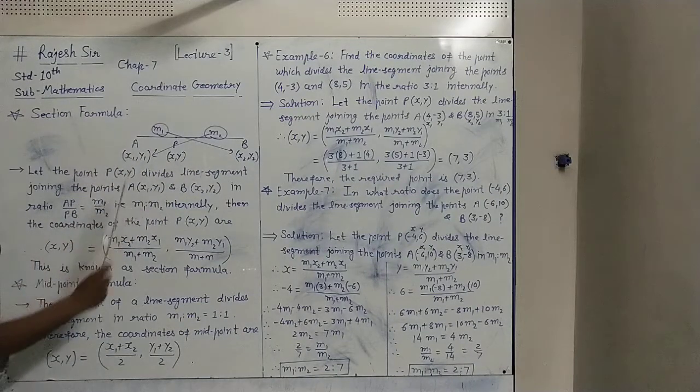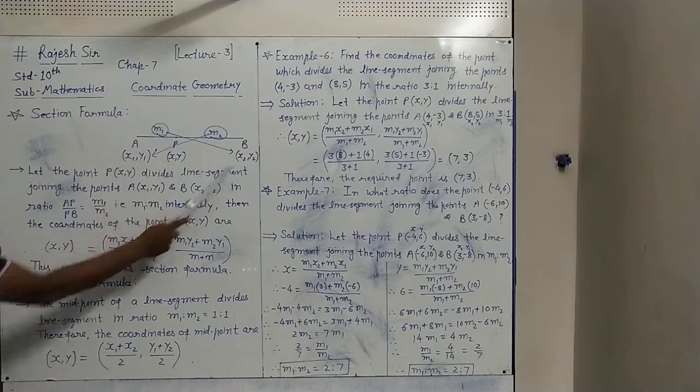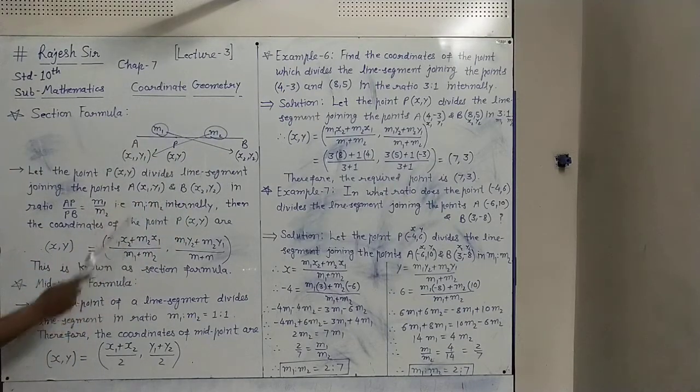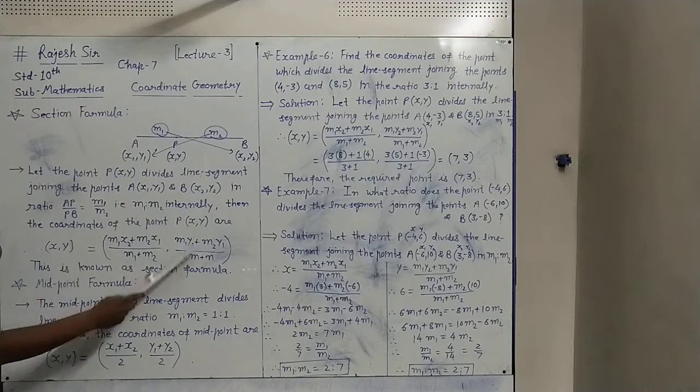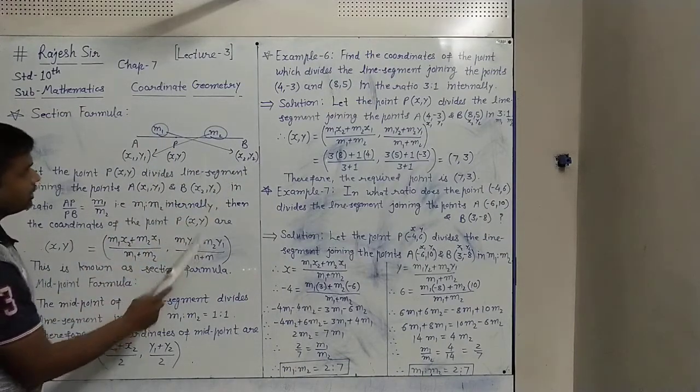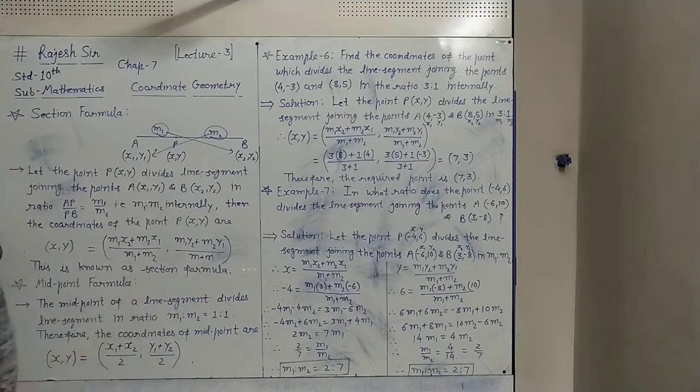So by cross multiplication we can remember this: m1 x2 plus m2 x1 upon m1 plus m2, the sum of the ratio. Comma, the y coordinate is m1 y2 plus m2 y1 upon m1 plus m2. This is known as the section formula.